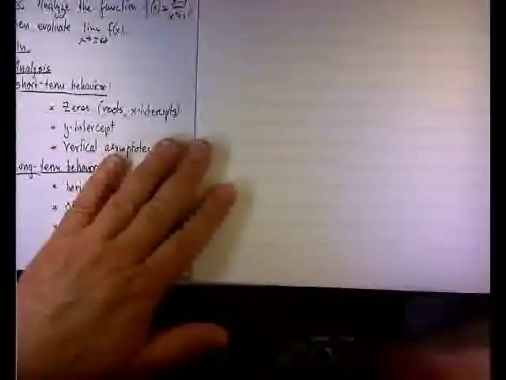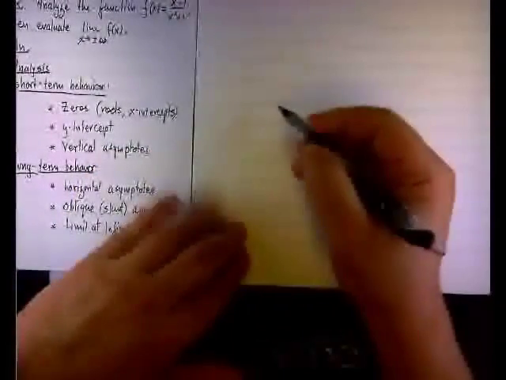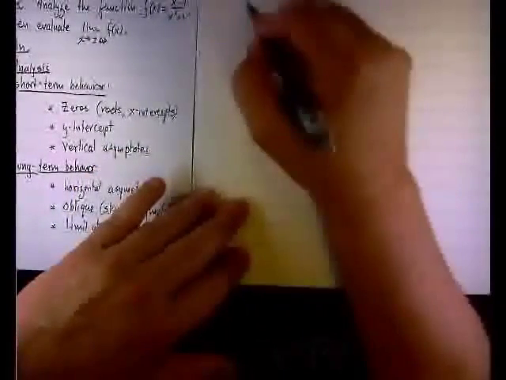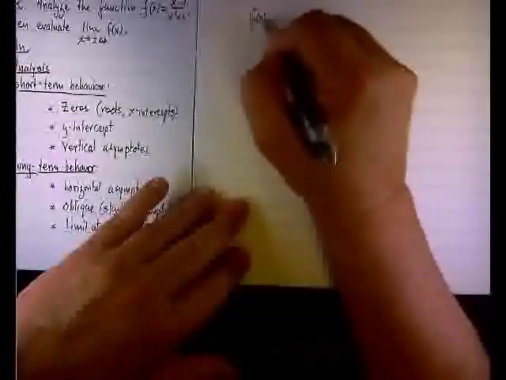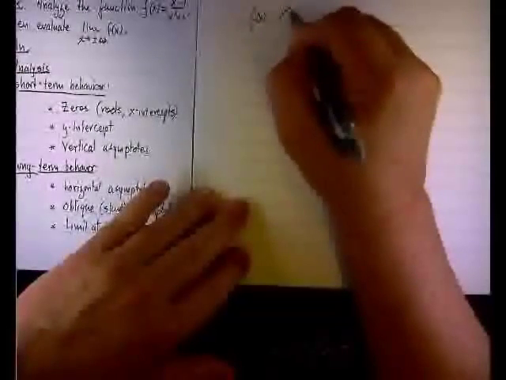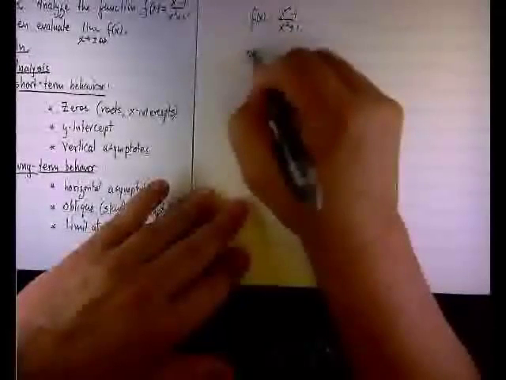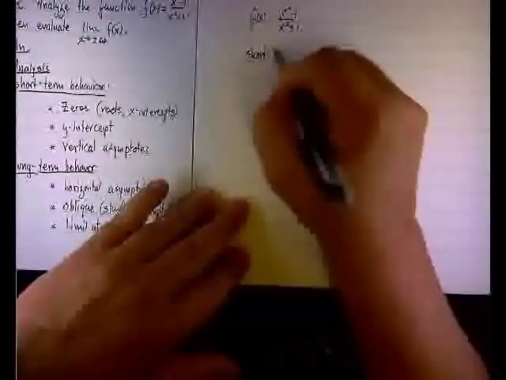So let's apply this to our function. Let me put it side by side. Okay, so let's look at the short term. So f of x equals x squared minus 1 over x squared plus 1. We first check out the short term.